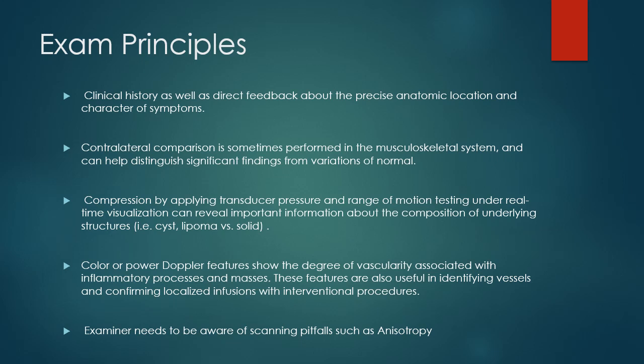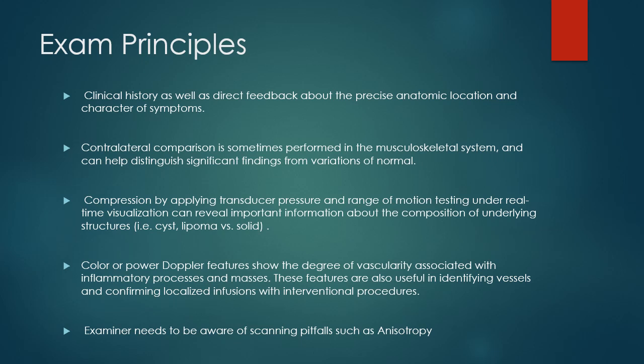Third, we can use compression by the transducer, and this can help us more or less know the nature of the underlying lesion, whether it's solid or cystic, or whether it is a turbid collection or a solid lesion, together with the use of the color Doppler ultrasound to assess the vascularity of the examined structures. And this also helps us avoid these vascular structures or know the nature of the lesion, particularly before using interventional procedures.